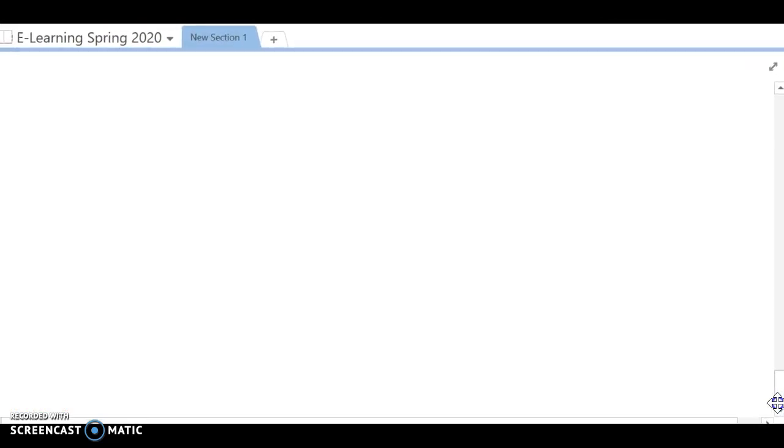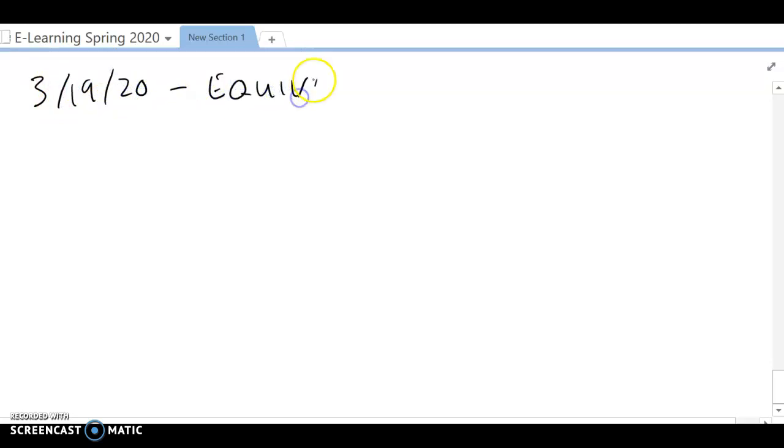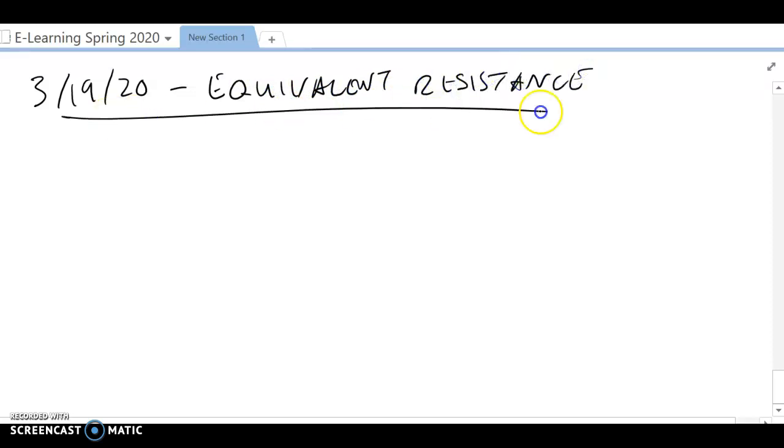So let me see if I can center this better. Okay, so here we are. So we're at, what's the date? 3/19/20. We're going to talk about equivalent resistance. Now you might be tempted to call this total resistance, but it's not really that.